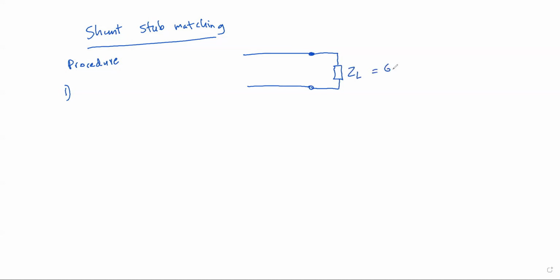That capital ZL will be 60 minus 80 j ohms, right? And then the transmission line is this one, and its characteristic impedance is 50 ohms, let's say, right? So first, what we need to do is we need to normalize the load impedance.